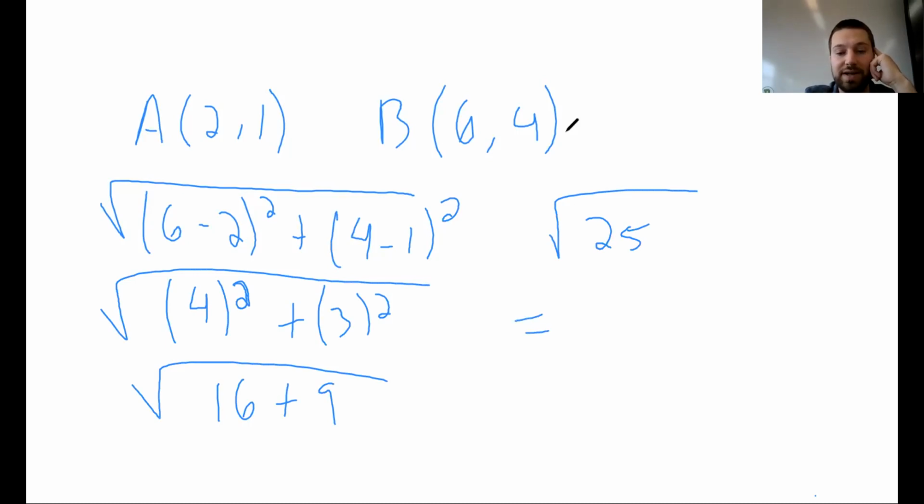Now, it is true that the square root of 25 gives us a negative 5 and a positive 5. But remember, we're talking about distance here. So really the only one we care about is the positive 5, since distance is positive.